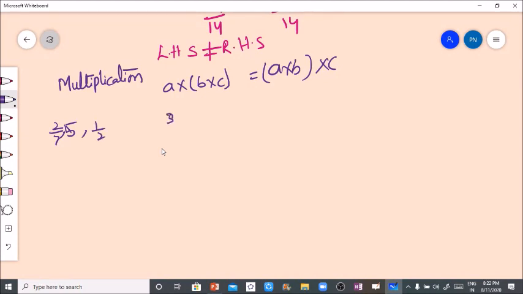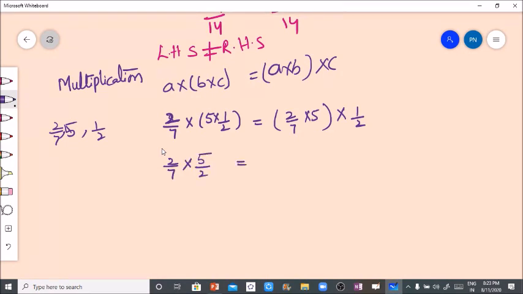Okay, 2 by 7 into 5, into 1 by 2 equals 2 by 7 into (5 into 1 by 2). Okay, 2 by 7 into 5 is 10 by 7, into 1 by 2. Multiply: 10 by 14.